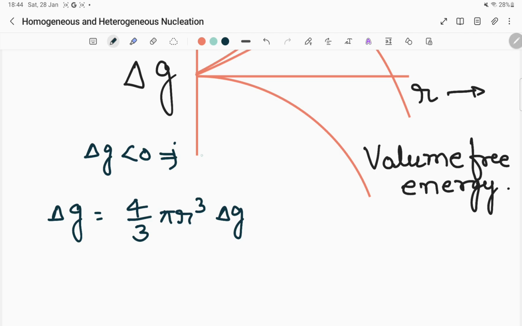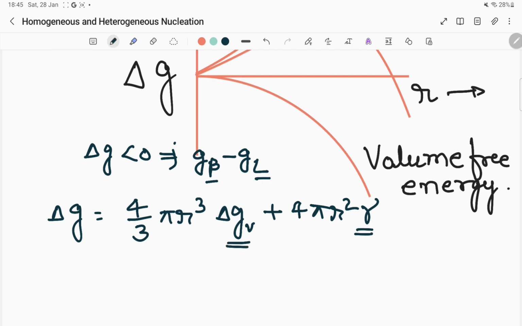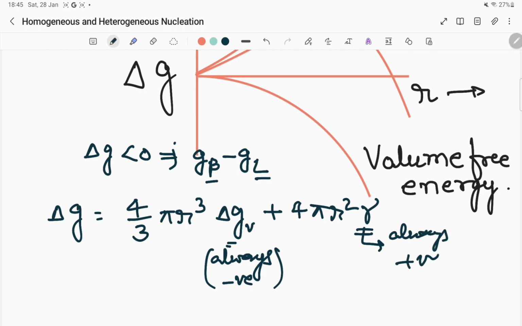It will be like G of beta minus G of liquid. This is solid and this is liquid. So delta G is 4/3 pi r cube delta G_v plus 4 pi r square gamma. Gamma is interfacial energy and delta G_v is the volume free energy change. So it will always be negative, and the contribution of interfacial energy will always be positive.